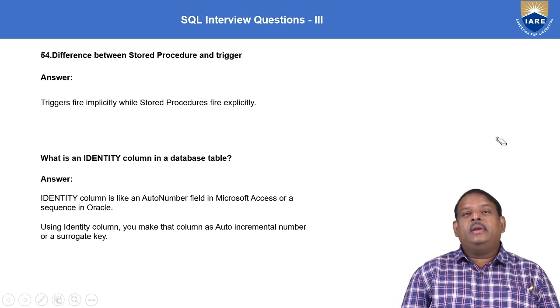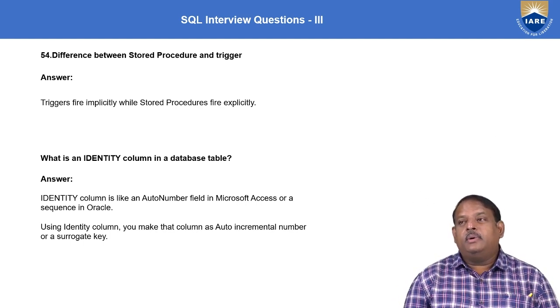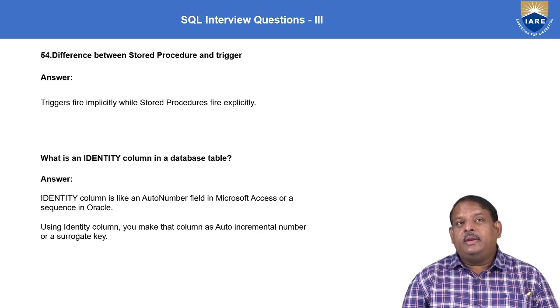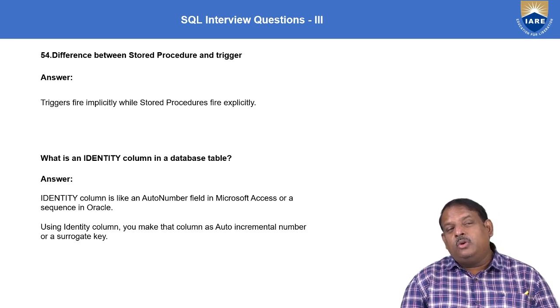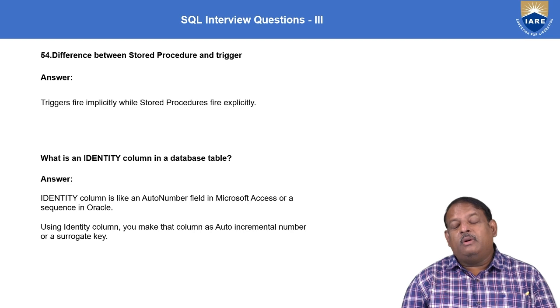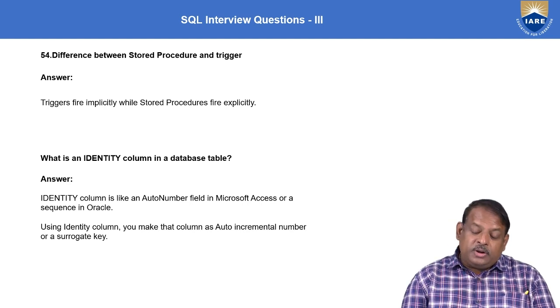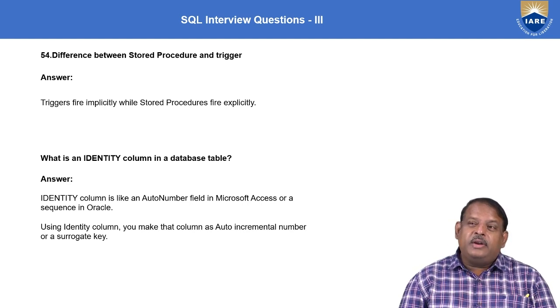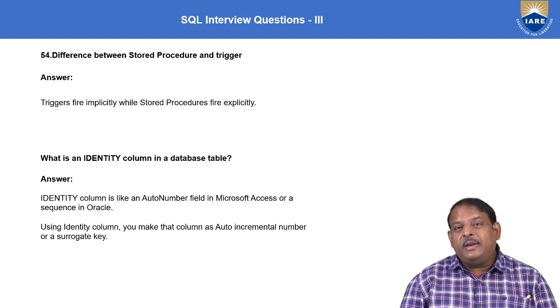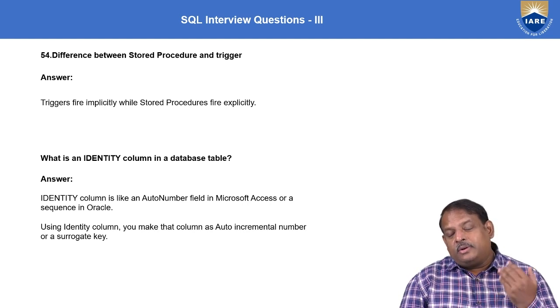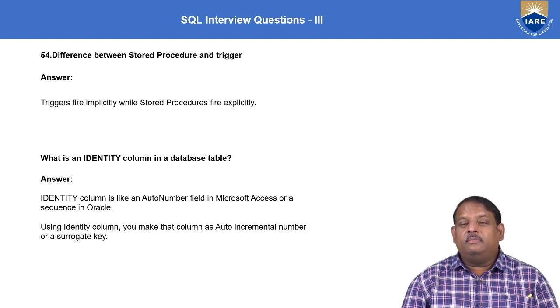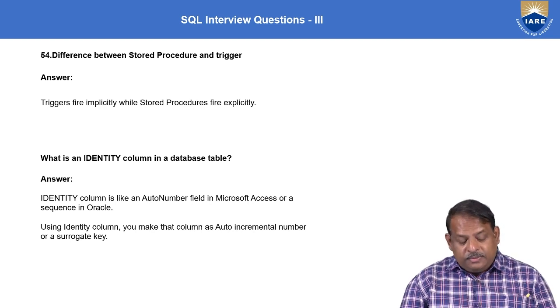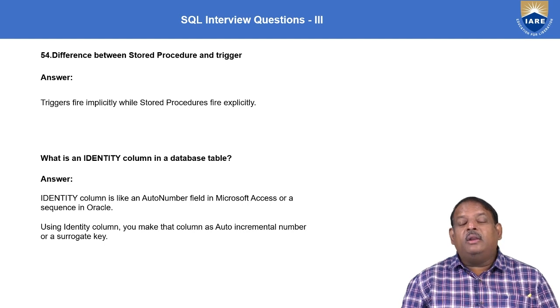What is an identity column in a database table? Instead of you giving a value, the system will give a value to you. Instead of you inserting the student number manually every time, if you make the column an identity, you don't need to give the value; the system will generate it for you.